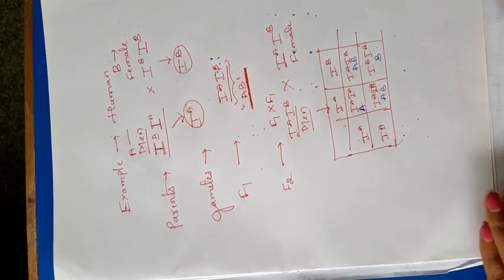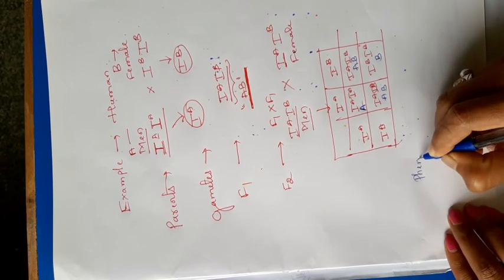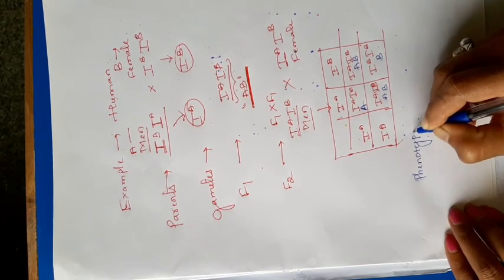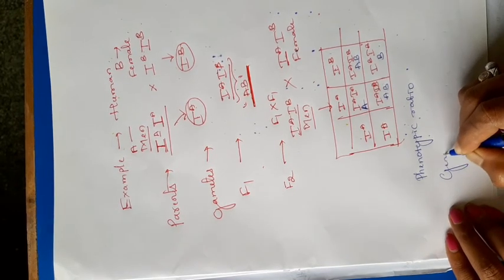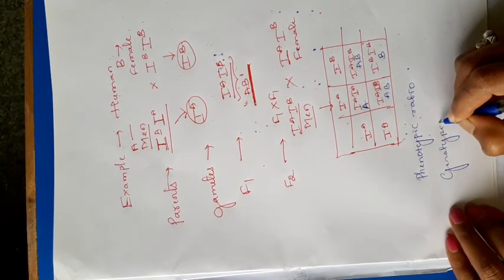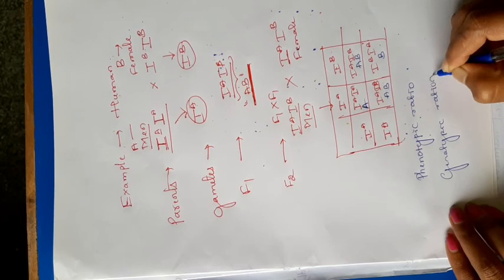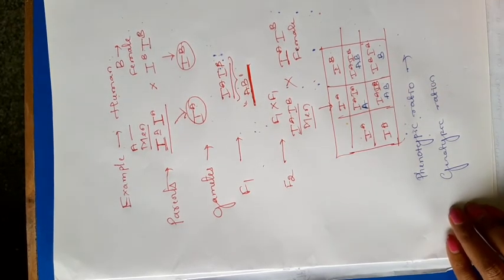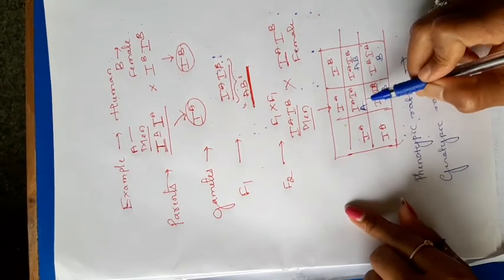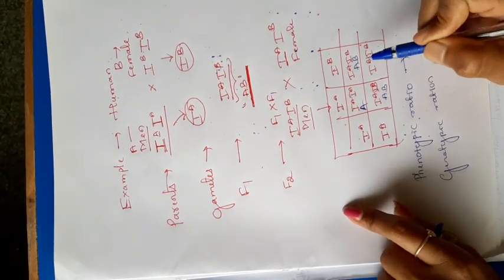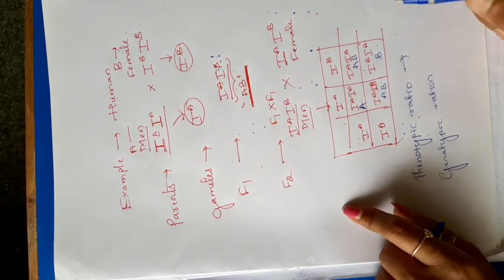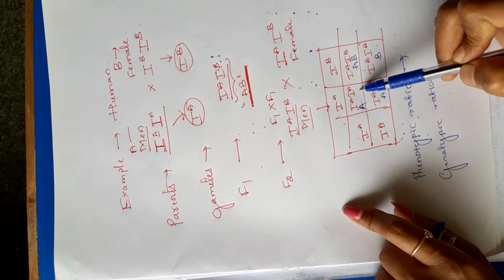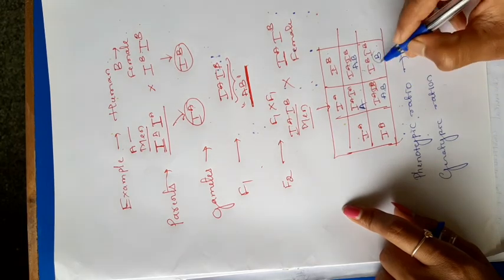By this you can write the phenotypic ratio and the genotypic ratio. Here you can observe the phenotypic ratio: two individuals have the AB blood group, one individual has the A blood group, and another one has the B blood group.